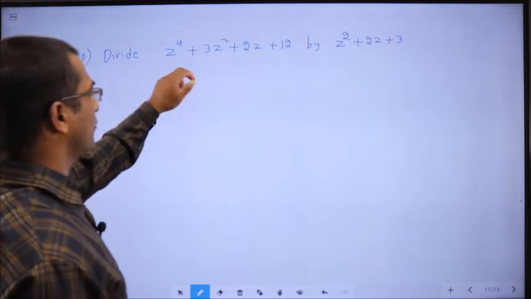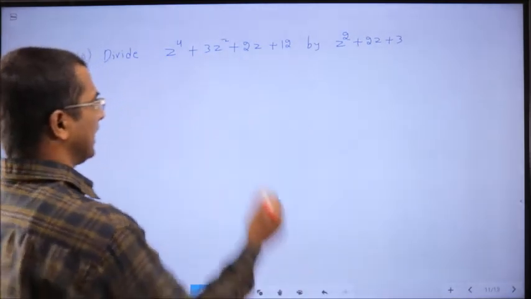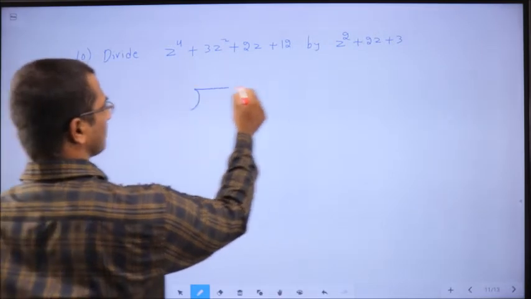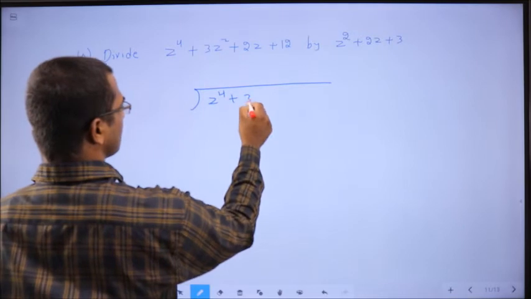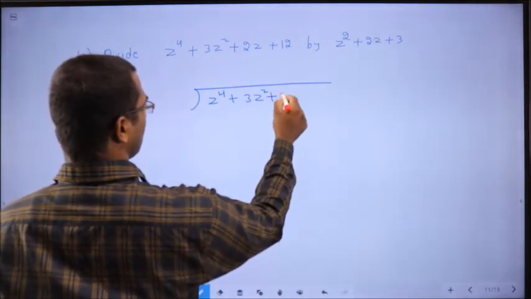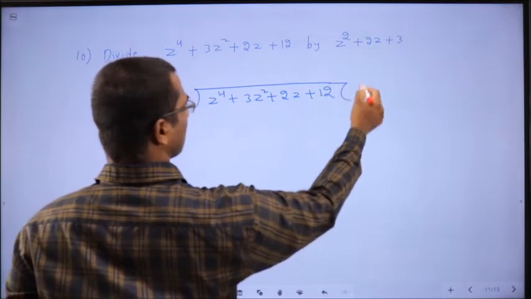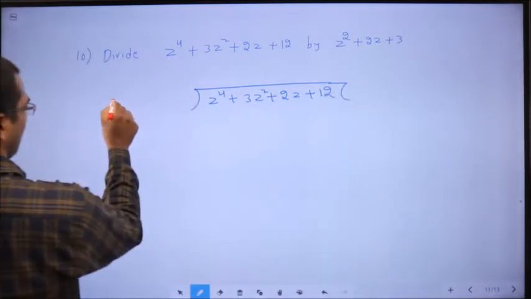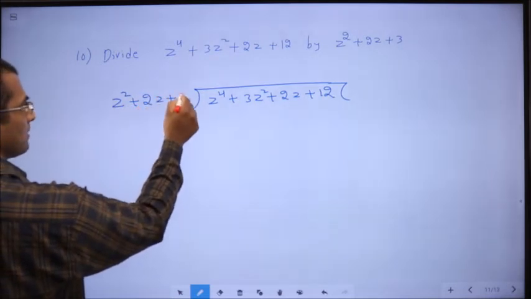Divide z power 4 plus 3z square plus 2z plus 12 by that. So write in this form first. So z power 4 plus 3z square plus 2z plus 12 by z square plus 2z plus 3.